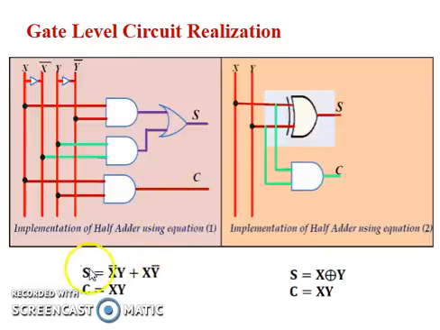While if you reduce this sum equation using Boolean algebra, the sum part is x XOR y, which requires 1 gate, and the carry part, which is x and y, requires 1 AND gate. So by reducing this Boolean expression using Boolean algebra, by using only 2 gates you can implement the half adder circuit.